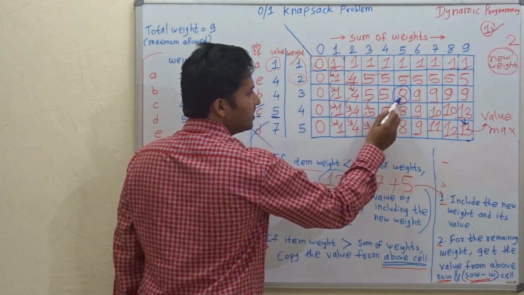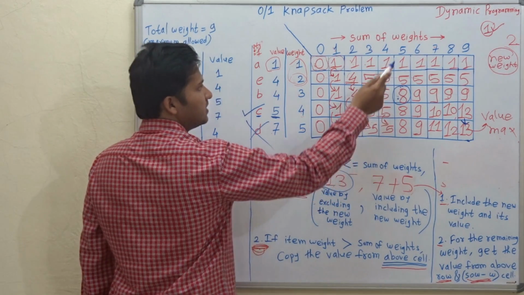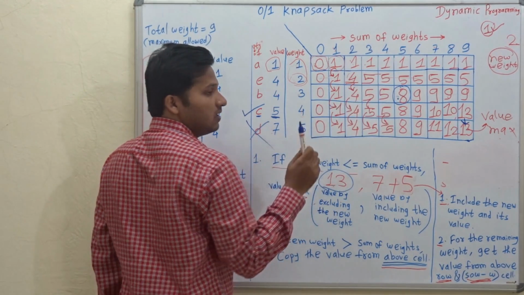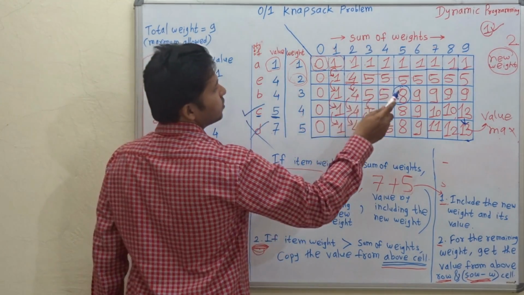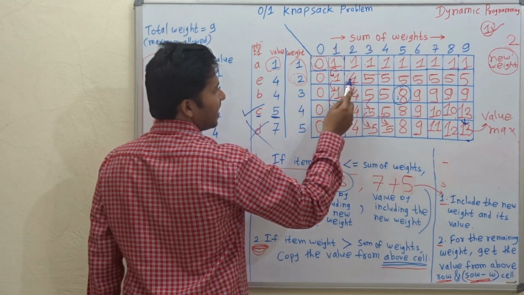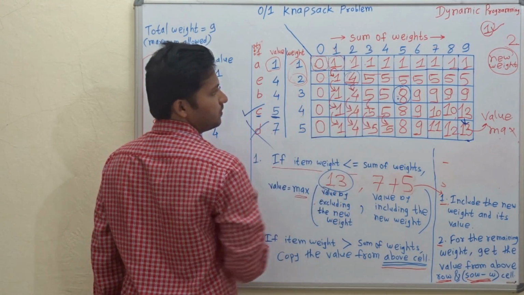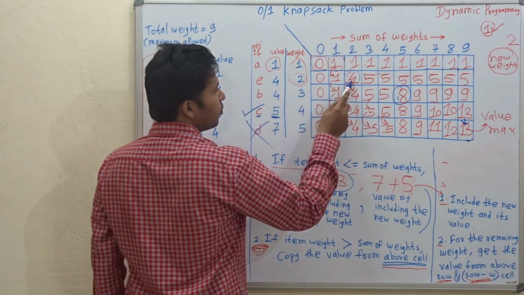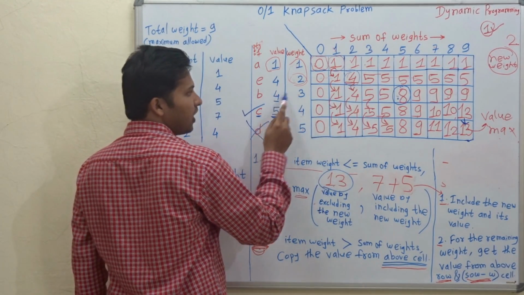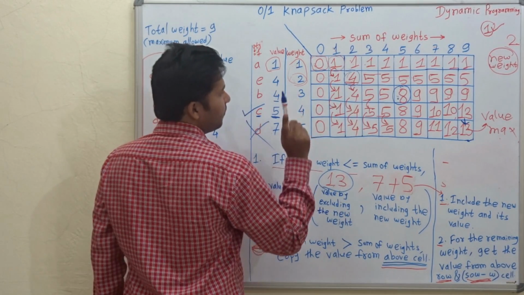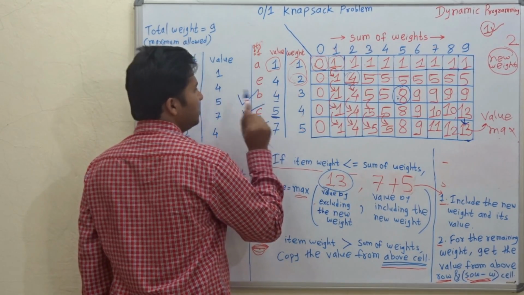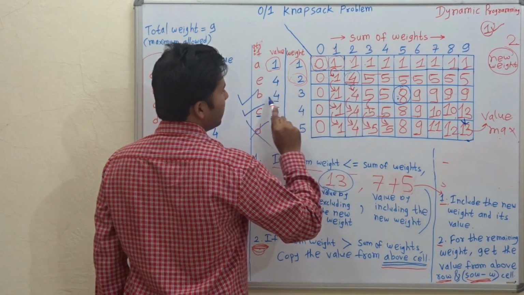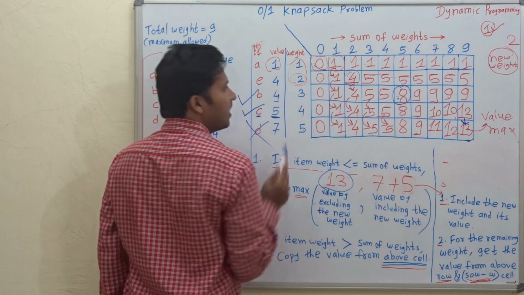Now from where this 8 has come, see, 5 minus 3 is 2. So go in the above row and the second cell, this is 4. Okay, so 4 plus this value 4 has become 8, which means we have included B. So 4 plus 4 is 8.